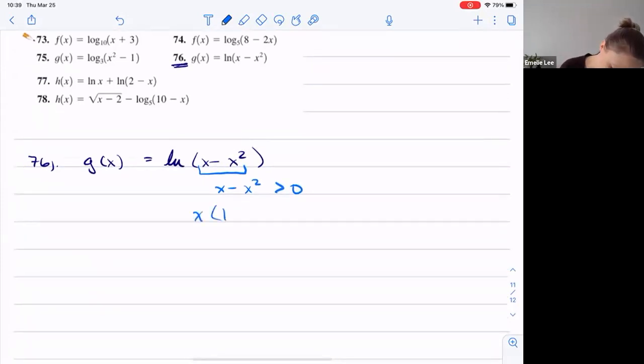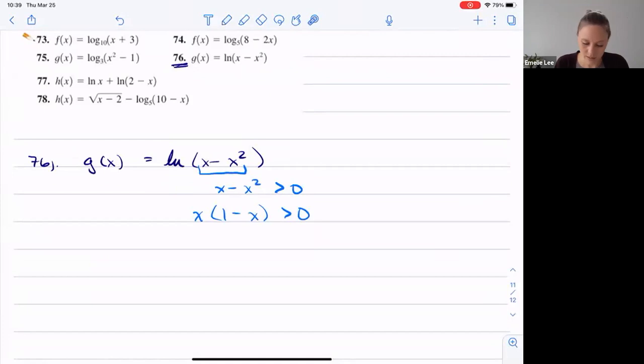So I get x times 1 minus x has to be greater than 0. What does that mean? Well, this thing is going to be greater than 0 if both of these are positive or if both of these are negative. So you have to keep track of those, and we use the number line to figure out where this thing was positive.